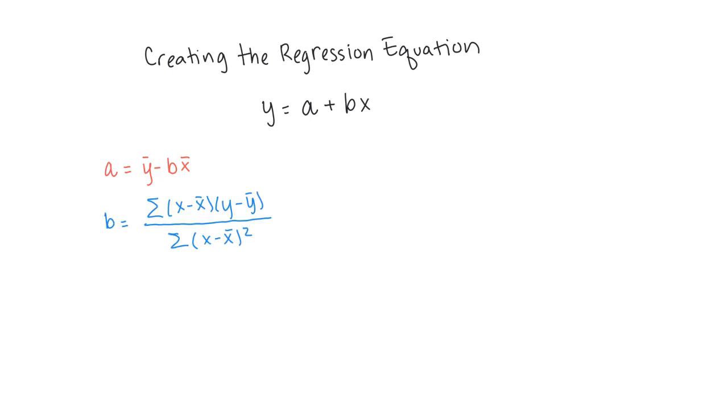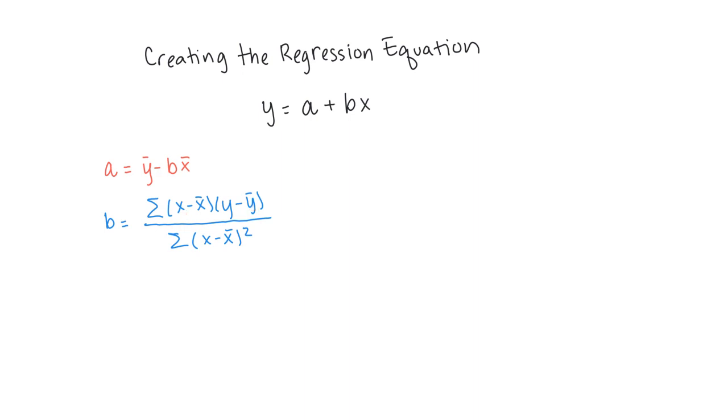Calculating b by hand can be quite tricky, especially if you have a lot of data values. The formula for b is to take each data x value, subtract the average x value, multiply that difference by each data y value minus the average of the y values.